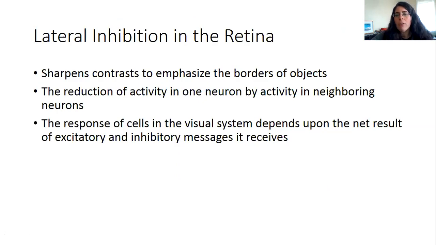So lateral inhibition is the name for the cellular processing that happens in the retina. And it's important because what it does is sharpen the contrast to emphasize the border of objects.